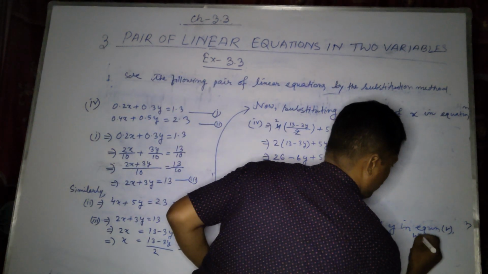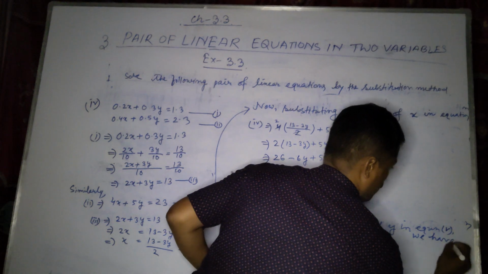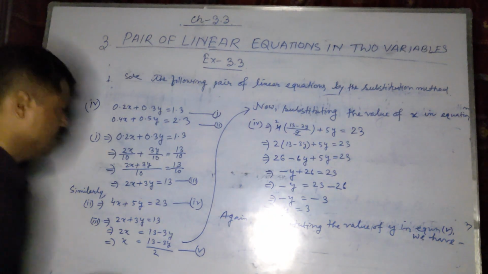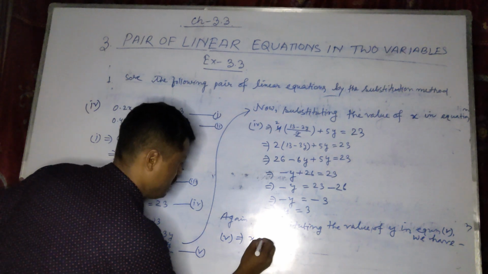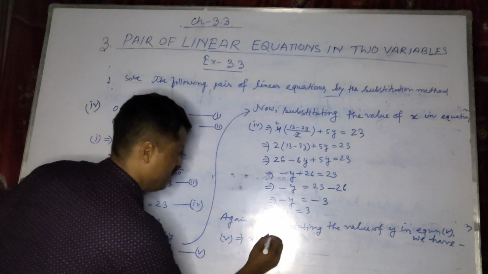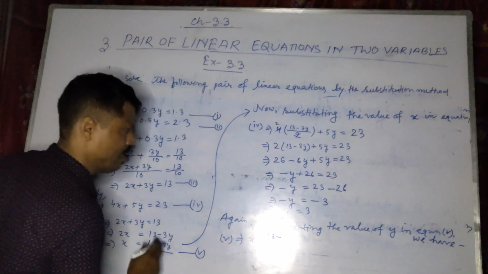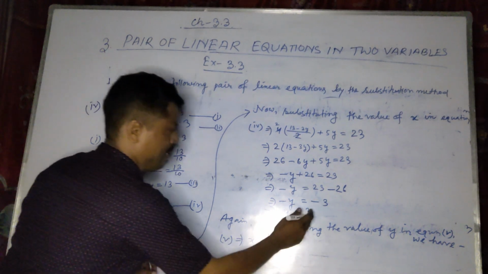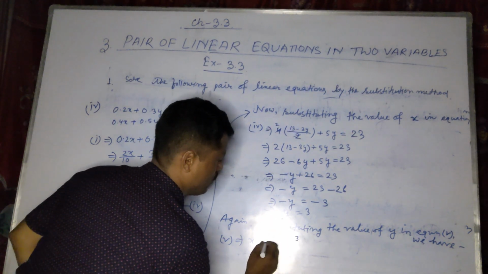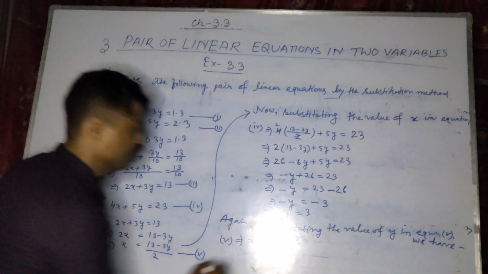From 5 we have to write like this, x is equal to 13 minus 3y. So 3 into the y value, which we are getting here as 3. Then 3 into 3 divided by 2.